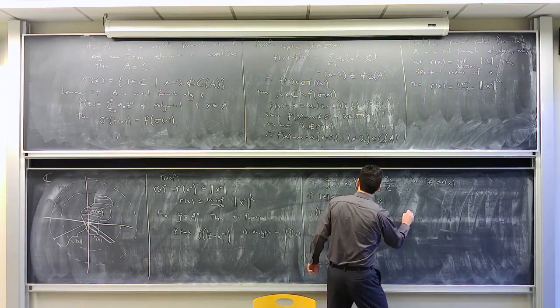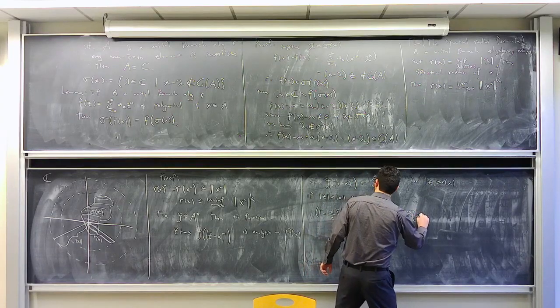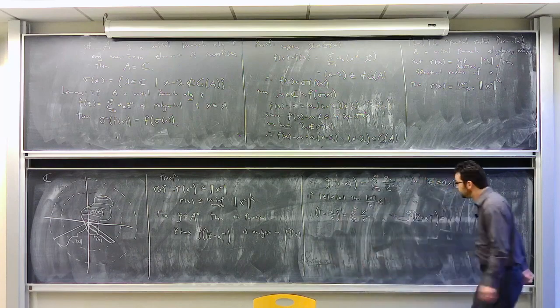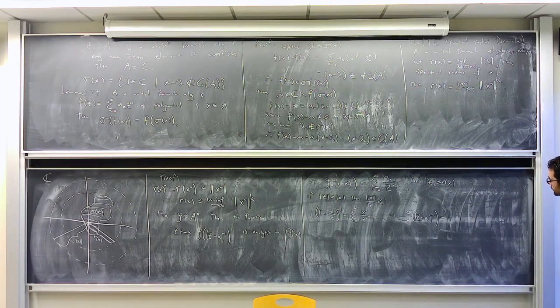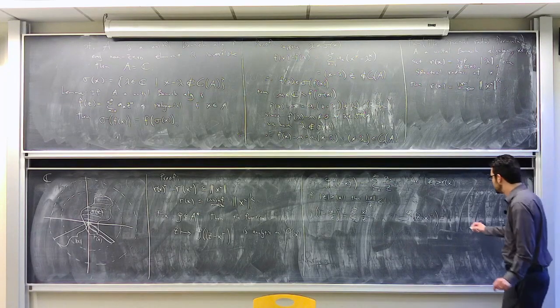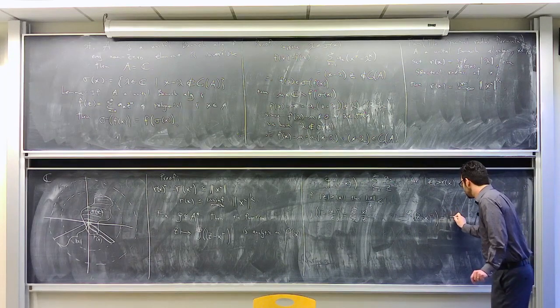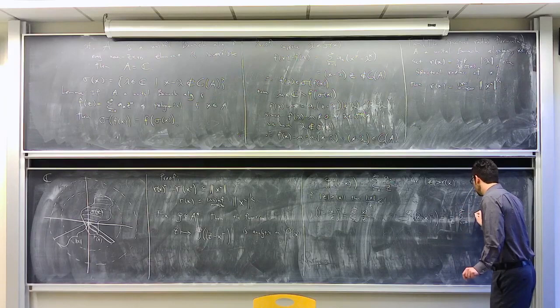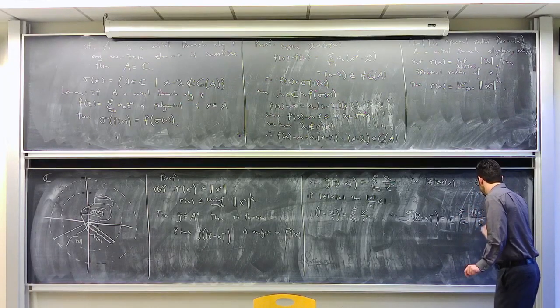We get that phi of (z minus x) inverse is equal to, pulling out 1 over z, 1 over z times the sum as n goes from 0 to infinity of phi of x to the n over z to the n.